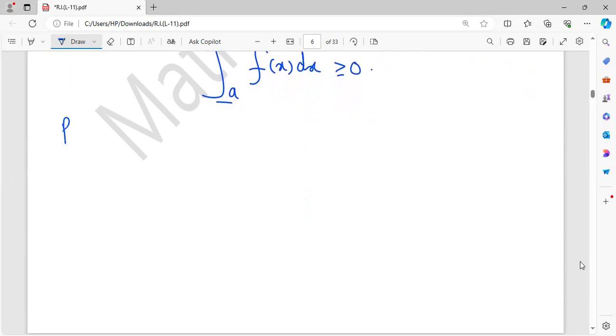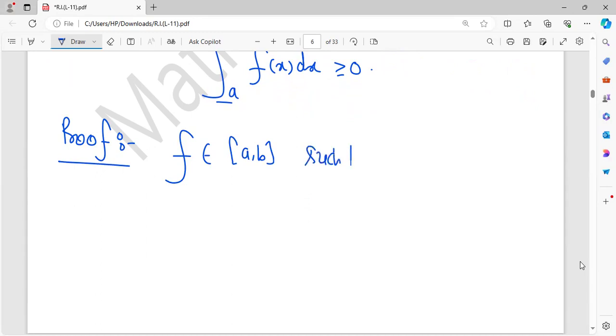Proof. f is a function on the closed interval [a, b] such that f(x) is non-negative for all x belonging to [a, b].